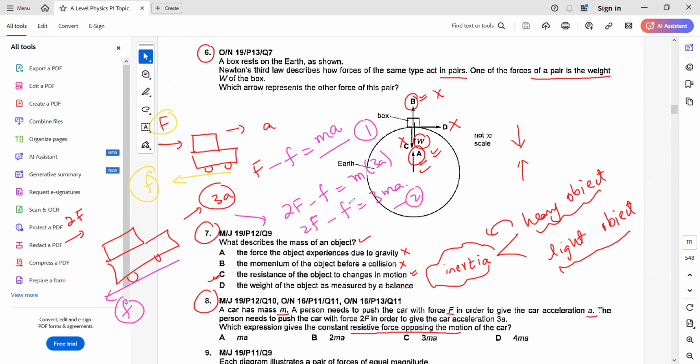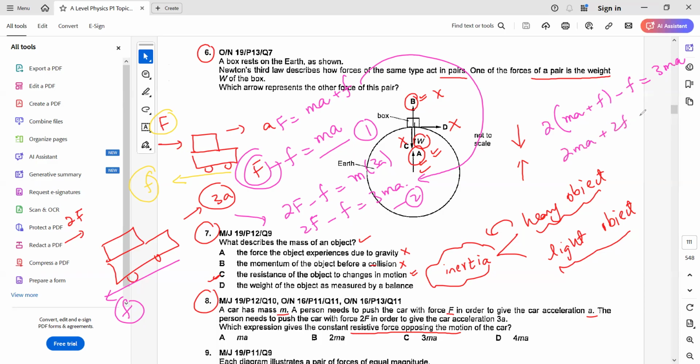I think we can simply solve these and we are going to get this. If I make F the subject here, I'm going to get MA plus F, and I'm going to plug this value here. So this becomes 2F: 2 times MA plus F minus F equals 3MA. So this would be 2MA plus 2F minus F equals 3MA.